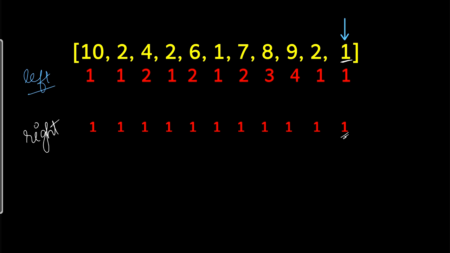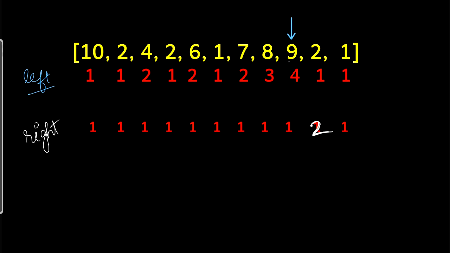This 1, if I compare to the right neighbor, there is no right neighbor. So we will give just 1 candy to our 1 rating child. Now for the next child, it's 2. If I compare 2 with the right neighbor, 2 is greater than 1. So this child should get more than its right neighbor. 1 plus 1 will be 2 candies.